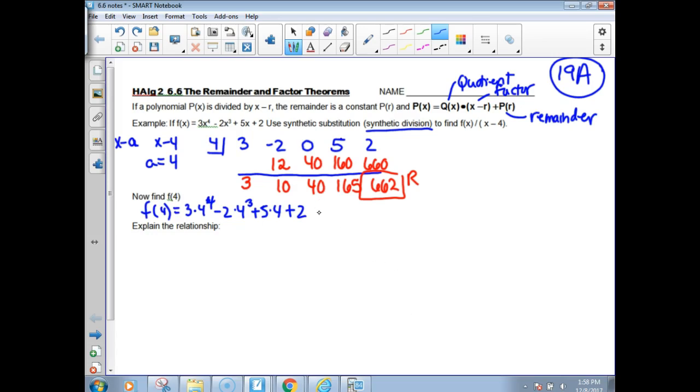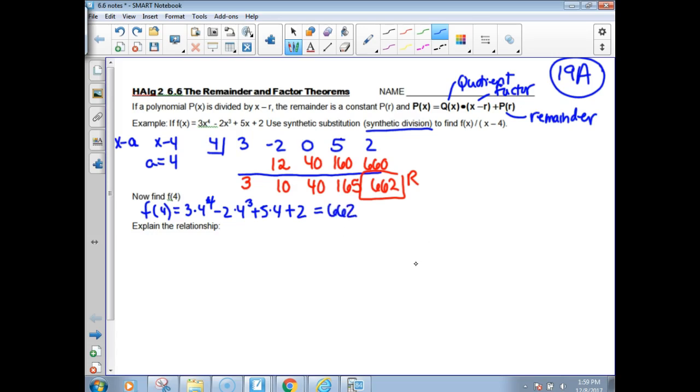I'll let you type it in instead of me getting out my calculator. After you've typed this in, I'm hoping someone's got it by now. It's 662, isn't it?